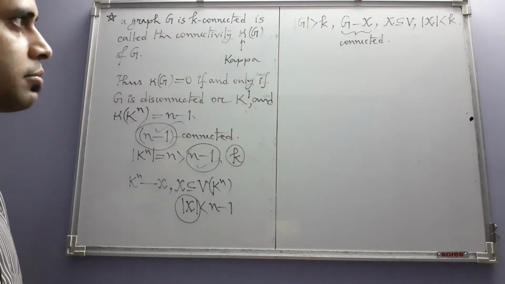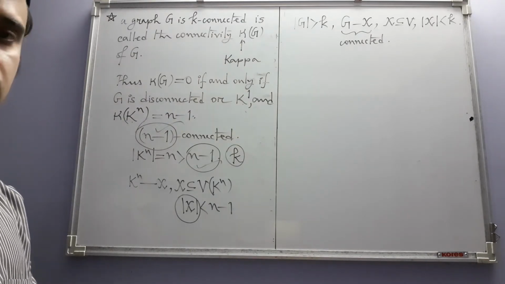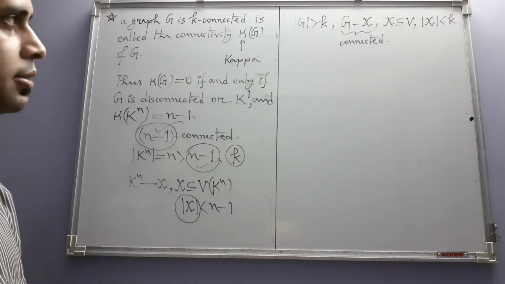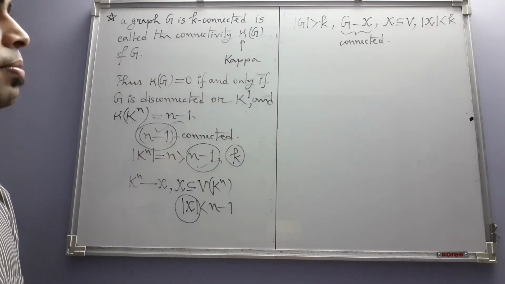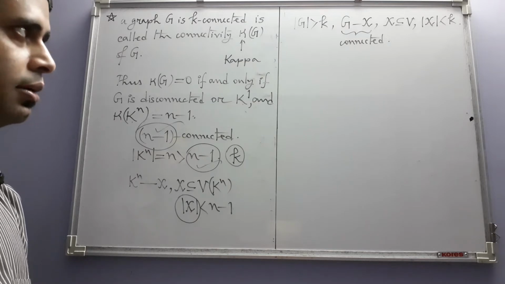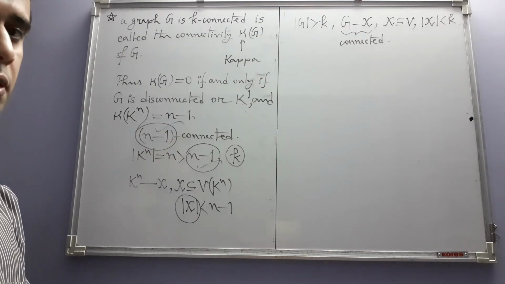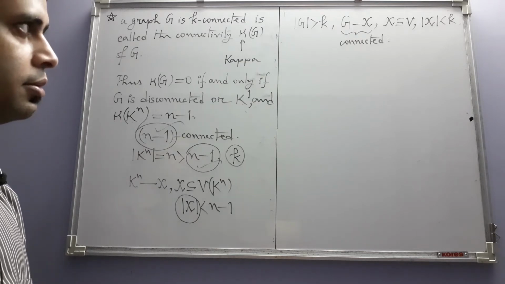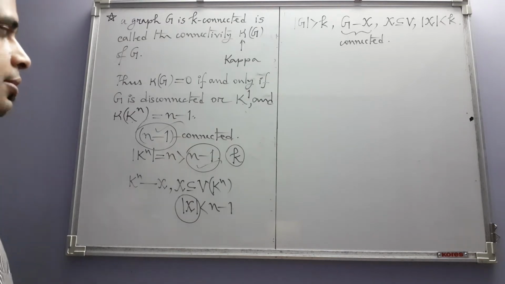Then we say that G is K connected, and the largest such K is the connectivity of G. So it just says what?